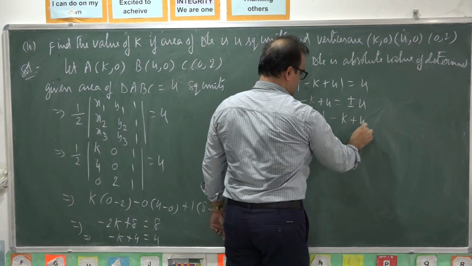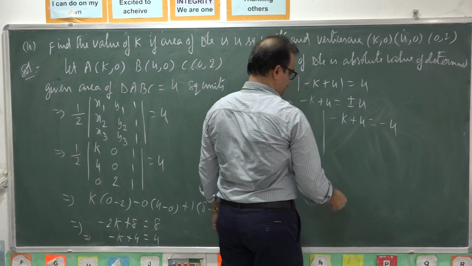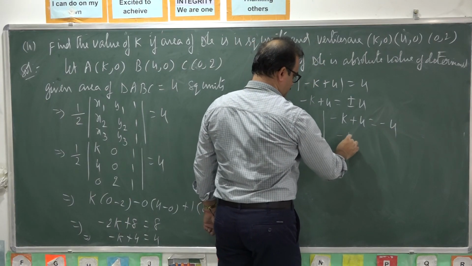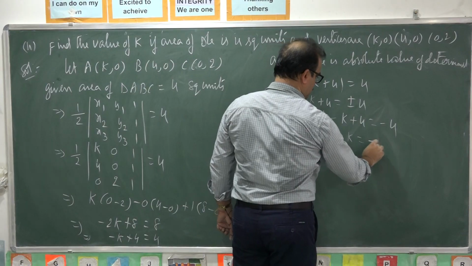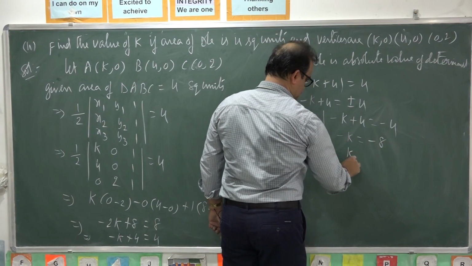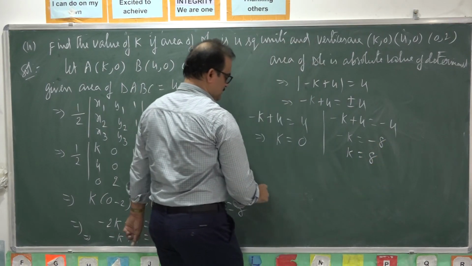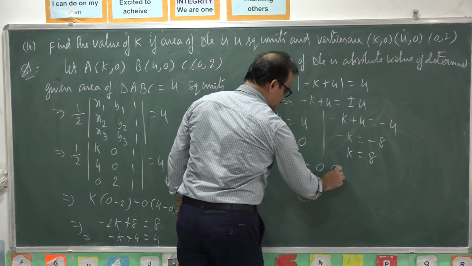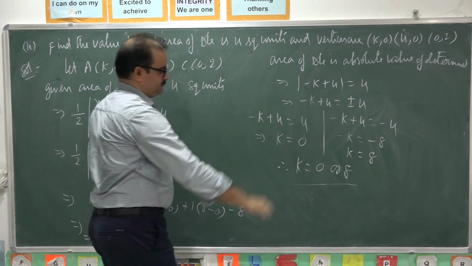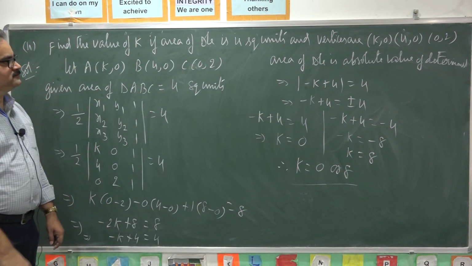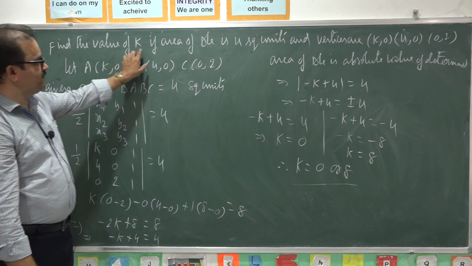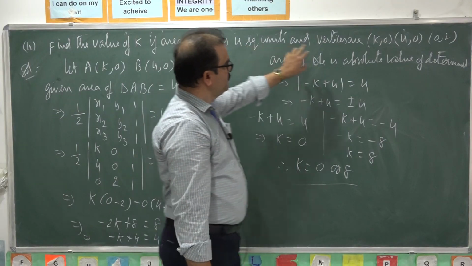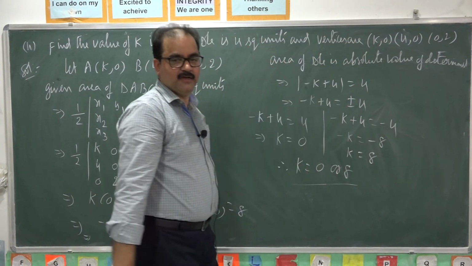Minus k plus 4 is equal to minus 4. Minus k is equal to minus 8. So k is equal to 8. Therefore, the value of k is either 0 or 8. In this way, if the area of the triangle is given, then you find the unknown value in the vertices.